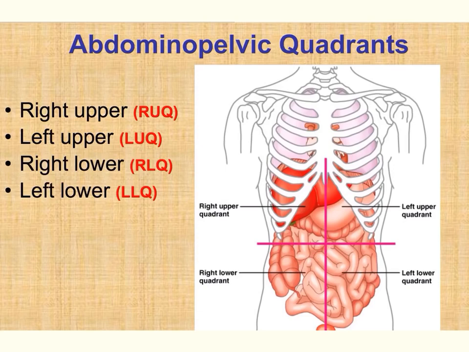And we will have the right upper quadrant, the left upper quadrant, the right lower quadrant, and the left lower quadrant. As we see this, we can see what organs are found within each of these quadrants. So if an individual is examined and we see a tenderness in one of these quadrants, then we could estimate, before doing further tests, what are some possible organs that could be affected.